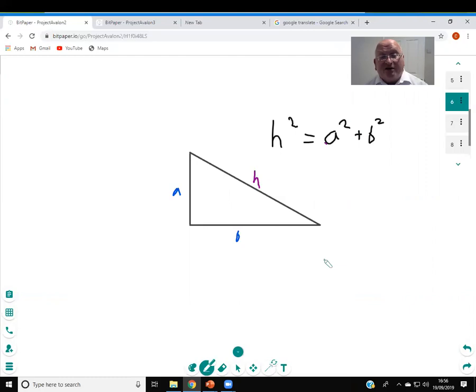Trigonometry takes Pythagoras' theorem a little bit further, and we can use it to work out the angles of a triangle, and higher students will take it a little bit further and make it work for triangles which are not right-angled. But that's as far as I'm going to go with trigonometry for this video.